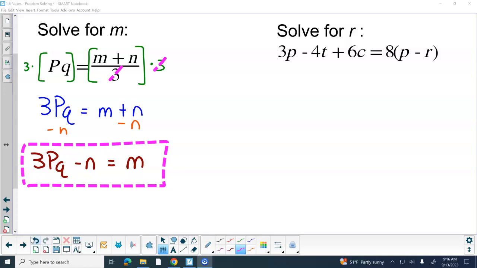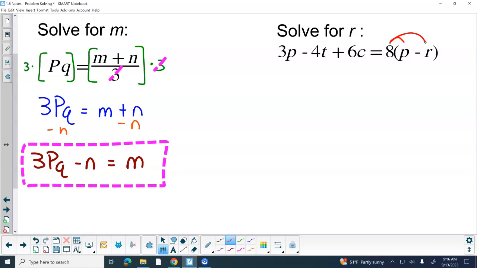Okay? Anybody need more time on number solving for R? Okay? So we can distribute there. We can do these a couple of different ways. We'll still get the same answer and I'll show you this a couple of different ways.